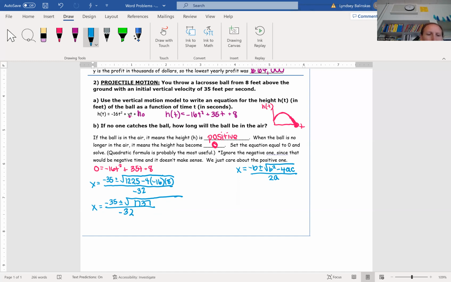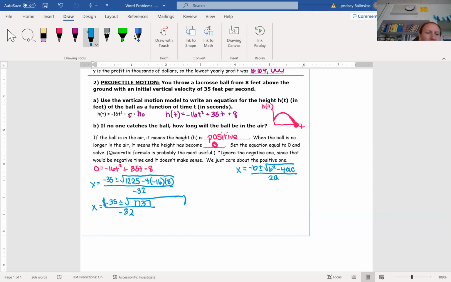Now the last thing is to figure out what this is. Remember, when you're using the calculator, we want to make sure we're telling it to do the top part first. So we're making sure we're putting this stuff in parentheses before we divide by that negative 32. So negative 35 plus root 1737.